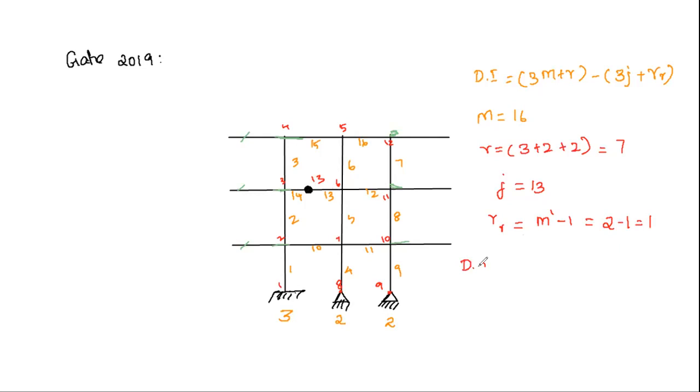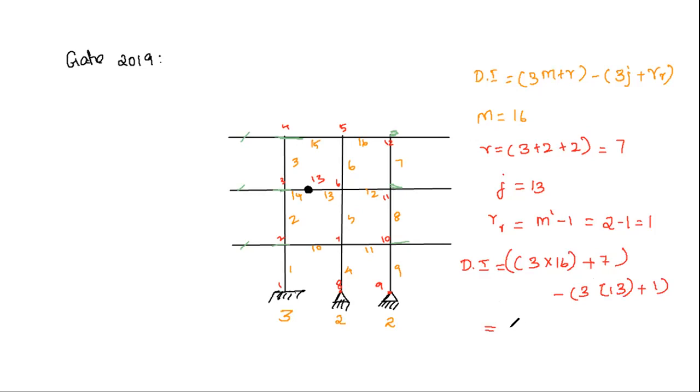So the degree of static indeterminacy is equal to 3 into m, which is 16, plus r, which is 7, minus 3 into j, which is 13, plus rr, which is 1.